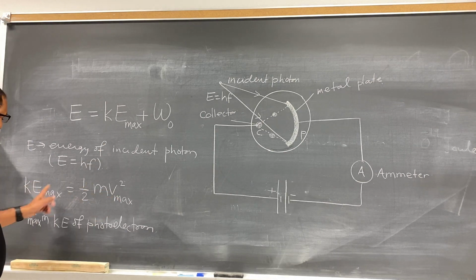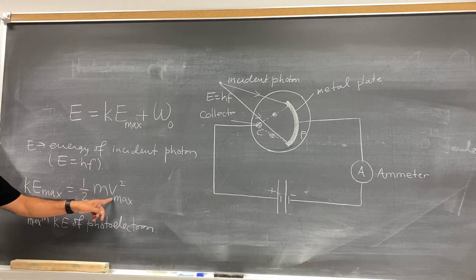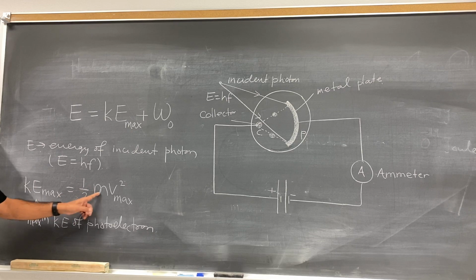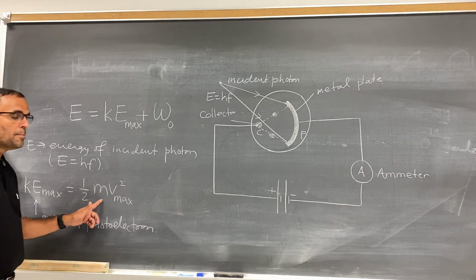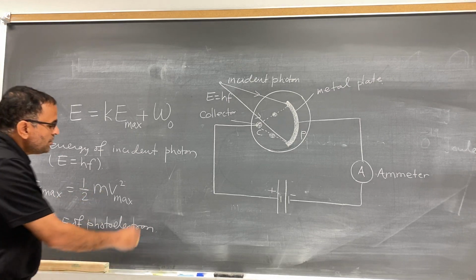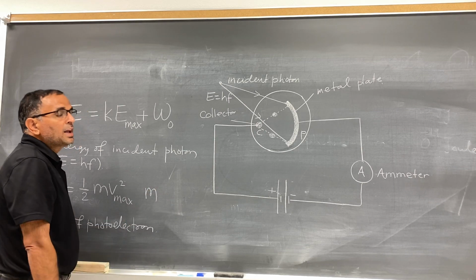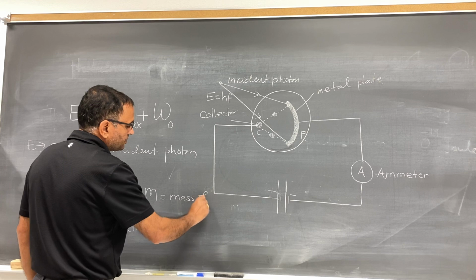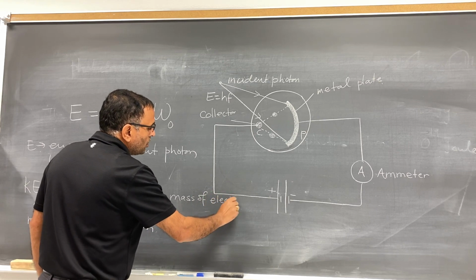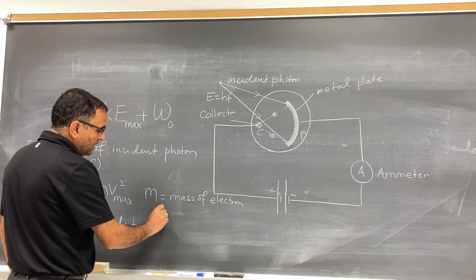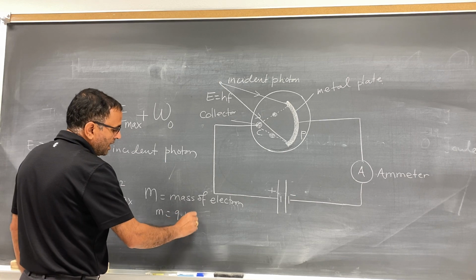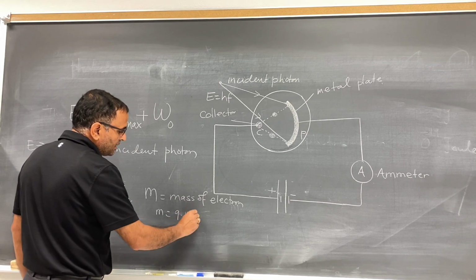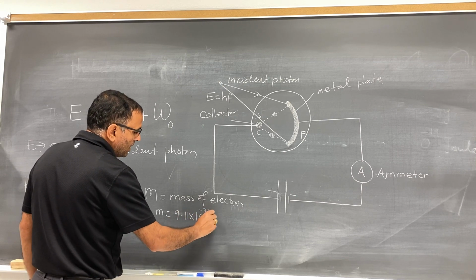If the kinetic energy is maximum, then speed is also maximum, so I write 1/2 mv max square. What is m here? m is the mass of electron, and this m is 9.11 times 10 to the power negative 31 kg.